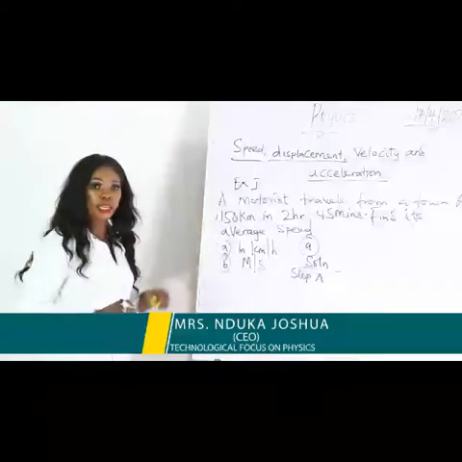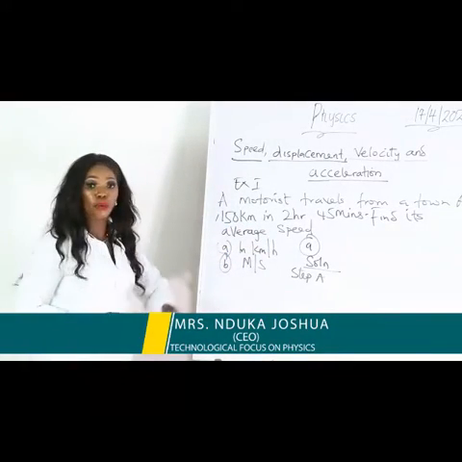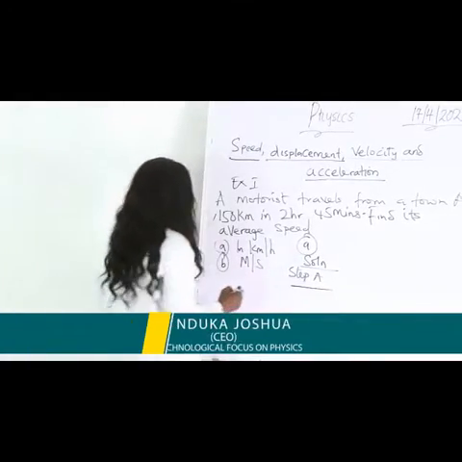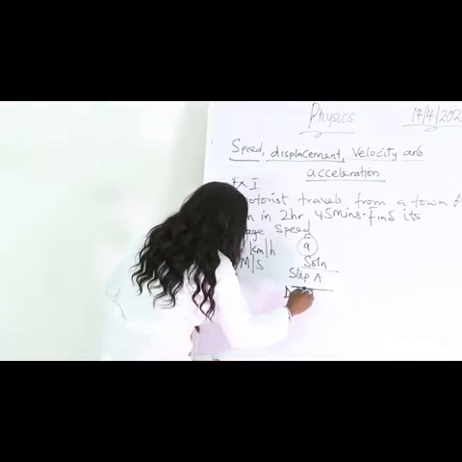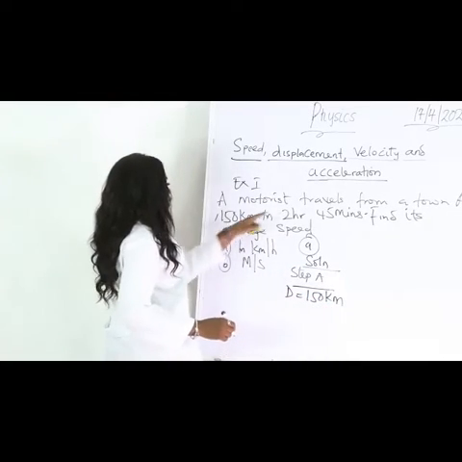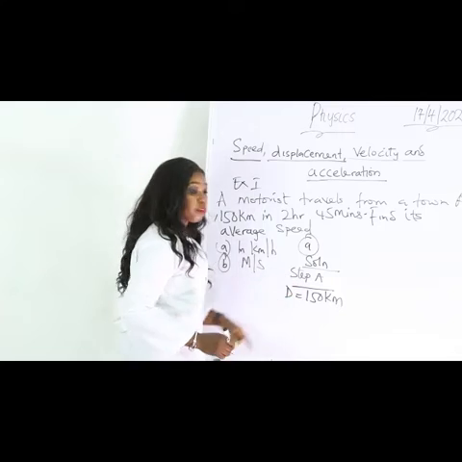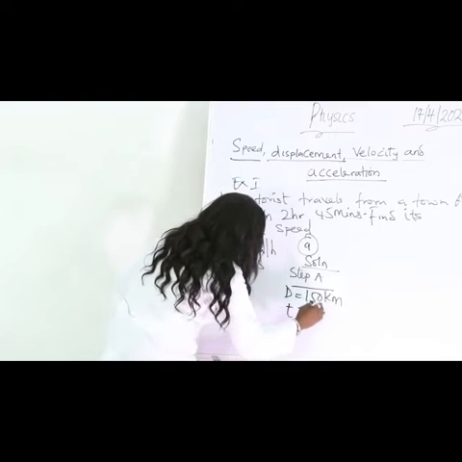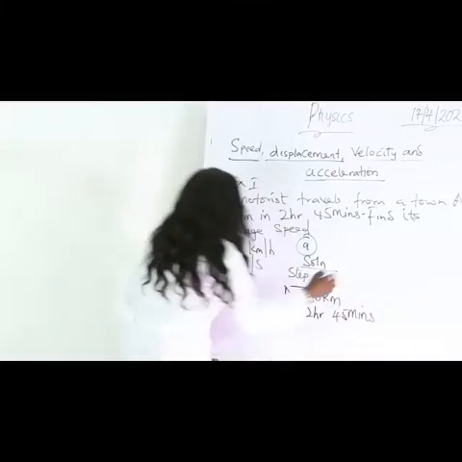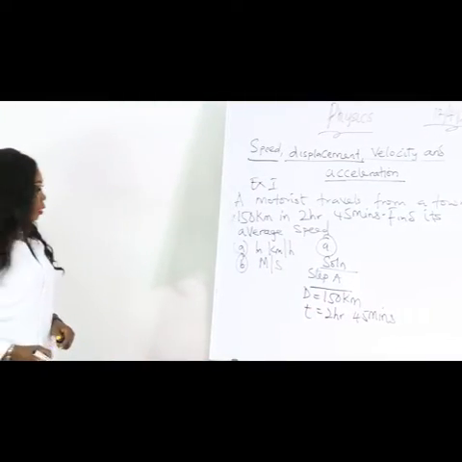So first of all, work in kilometer and subsequently work in meter per second. So step A, locating the parameters. We have that the distance is equal to 150 kilometers. Don't forget that the time here is 2 hours, 45 minutes. So we're asked to find the average speed.